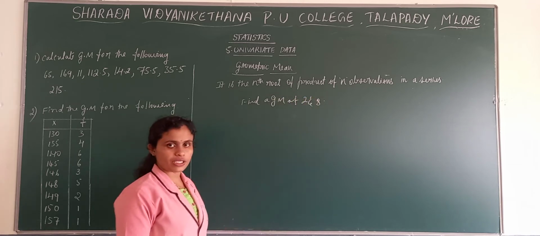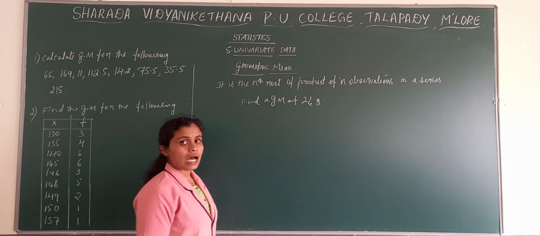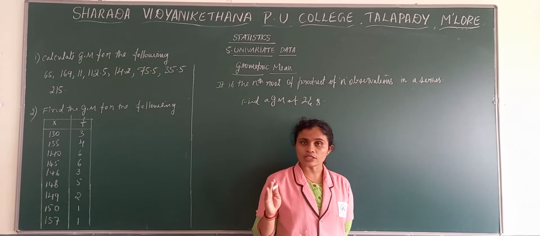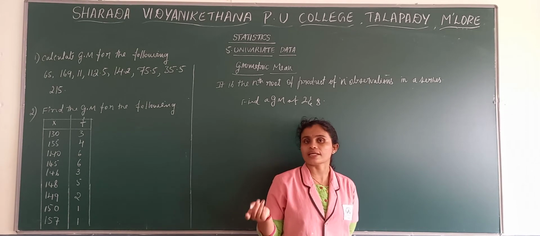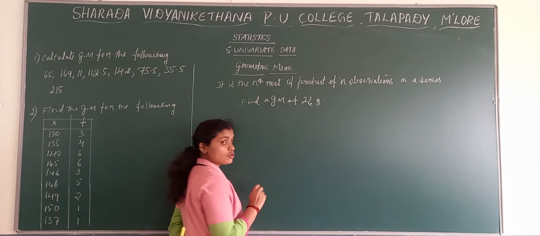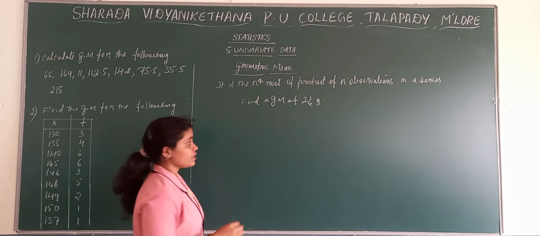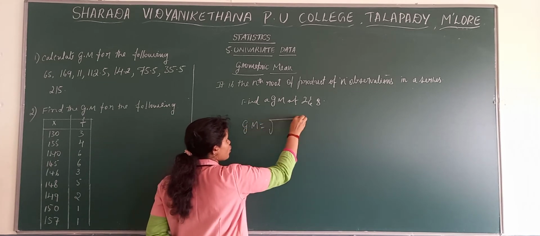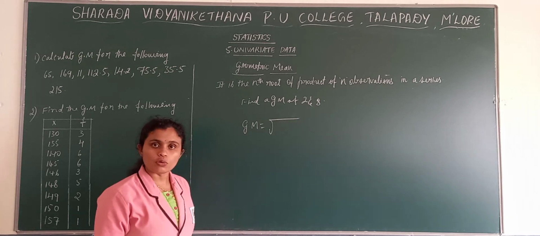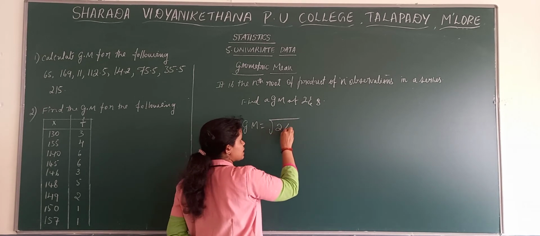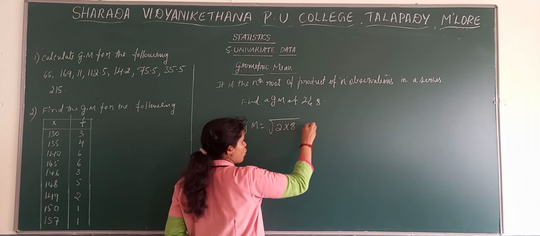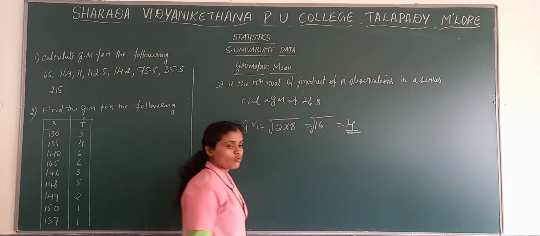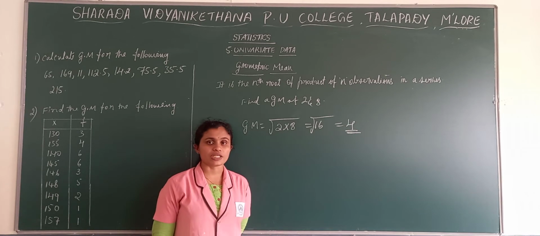How to find the geometric mean if it is completely ungrouped? Grouped or ungrouped, different formulas are there. But still when you get two values or three values, now 2 and 8, how to find the geometric mean? So here geometric mean is equal to the square root of a into b, that is square root of 2 into 8, that is square root of 16. What is the geometric mean? 4. So their geometric mean is 4.